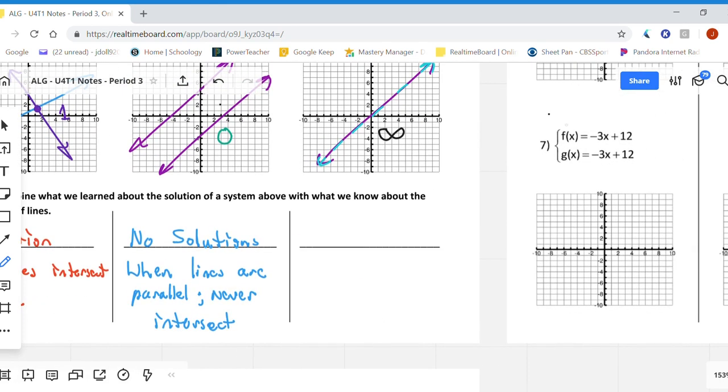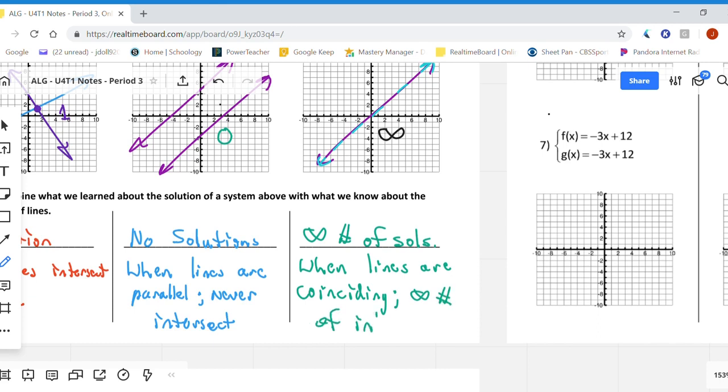And we can have an infinite number of solutions, and that is when our lines are coinciding, meaning there are an infinite number of intersections.